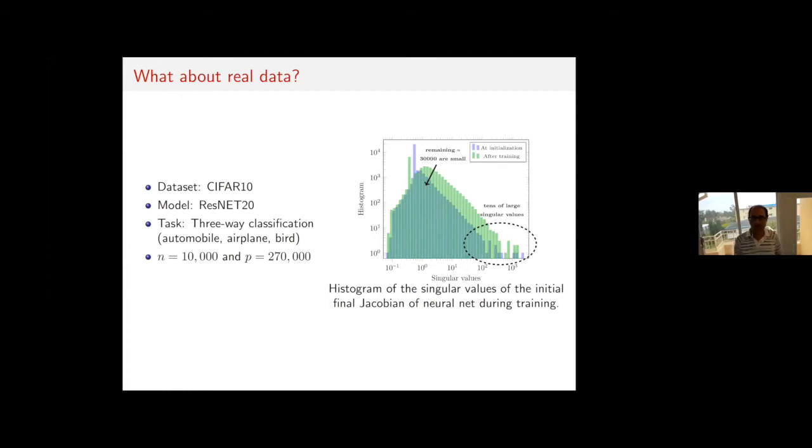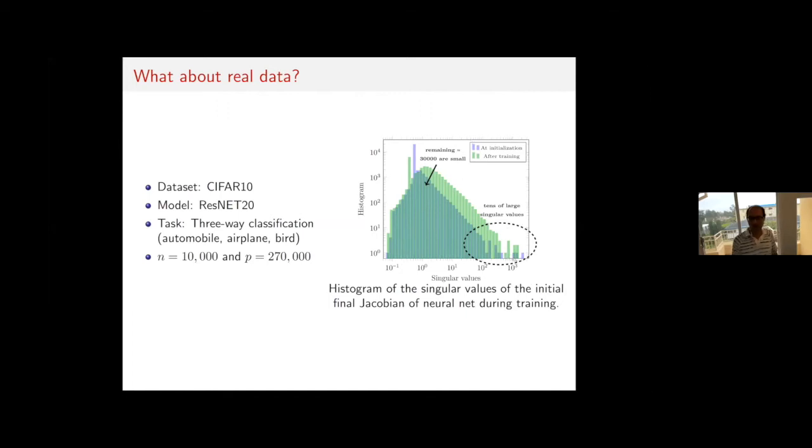If you look at the Jacobian of the network, this is on just three classes, but I'll show you the same on all of the classes, from initialization all the way to the final iteration, this Jacobian has a really nice property: there are tens of large singular values, but the remaining are fairly small, right?